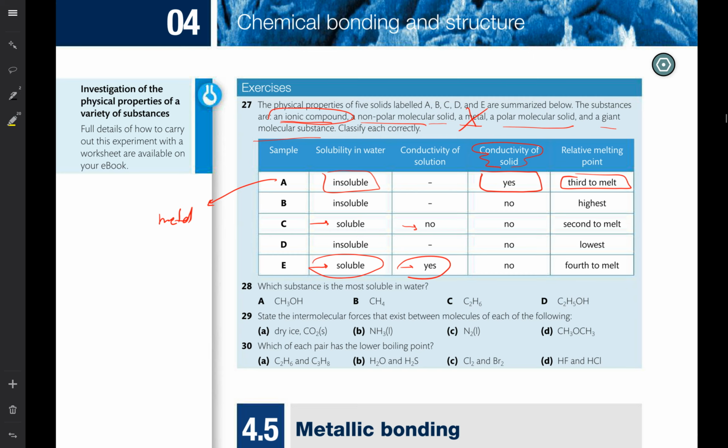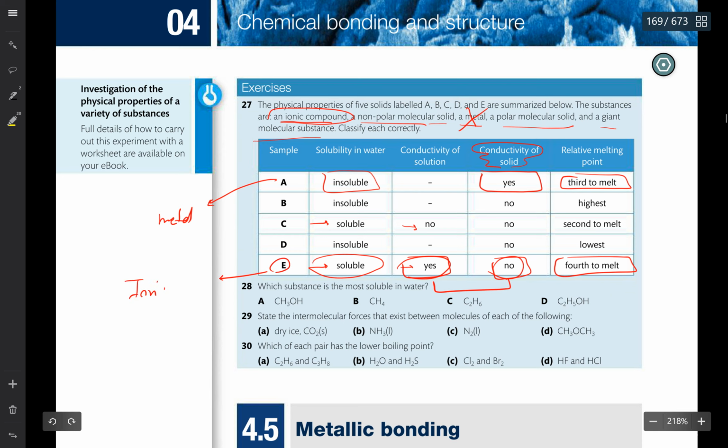Conductivity of the solid state is not conductive. Okay, this is a very important property for the ionic compound. In the solid state, they are not conductive. In the solution, they become conductive. And its melting point is written fourth to melt. So this can be ionic compound. So we found the ionic compound as well.